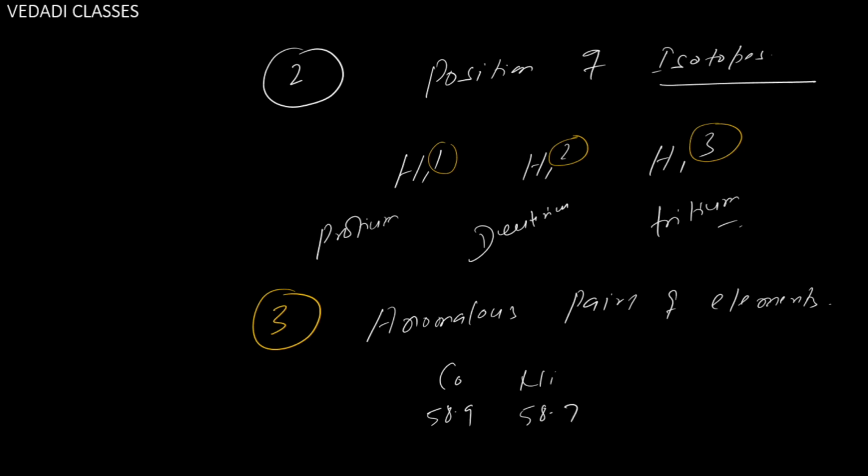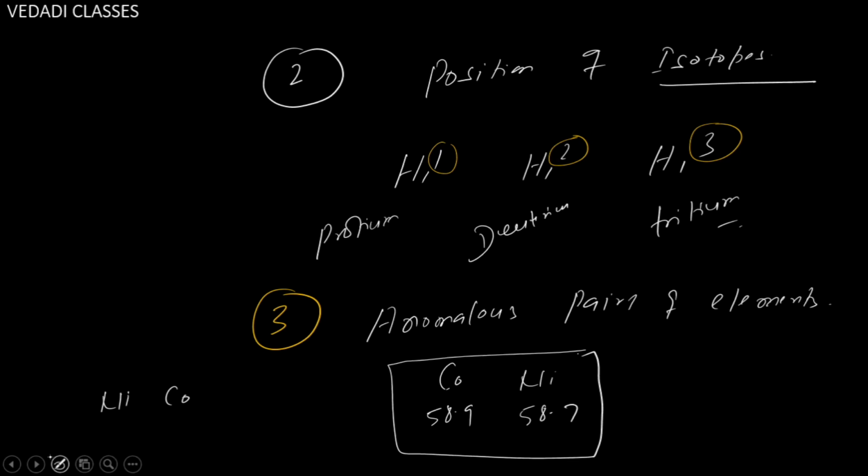According to Mendeleev's law, the element with the lower atomic weight should be written first, and the one with the larger atomic weight later. But he put cobalt first and nickel later, although nickel has less atomic weight and cobalt has more. So this is the anomalous pair. This is not justified, so this is also considered a drawback of Mendeleev's periodic table.